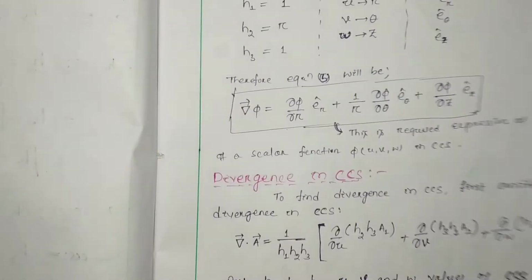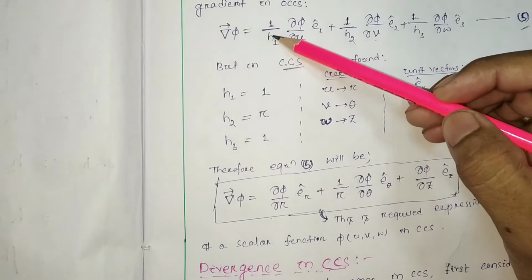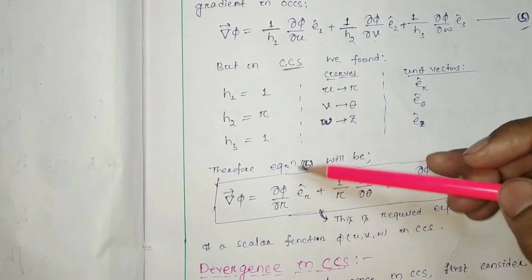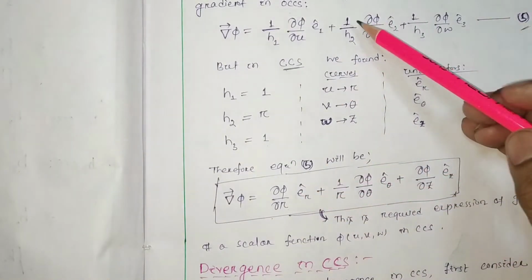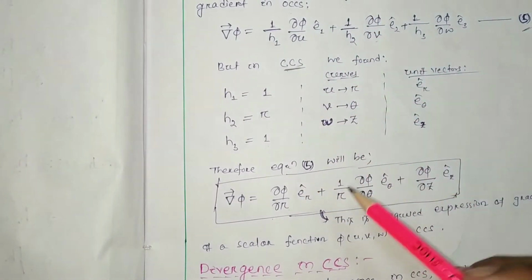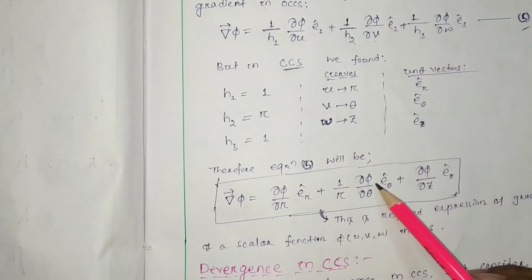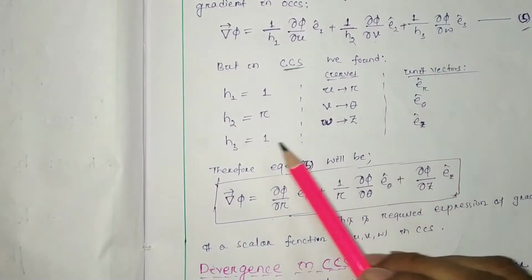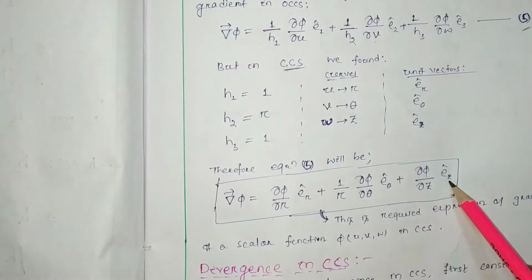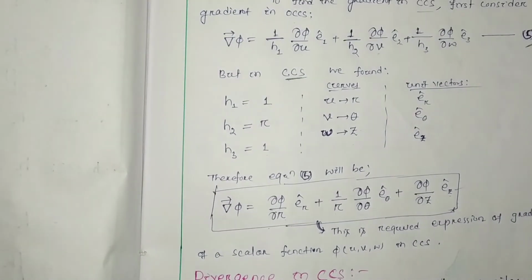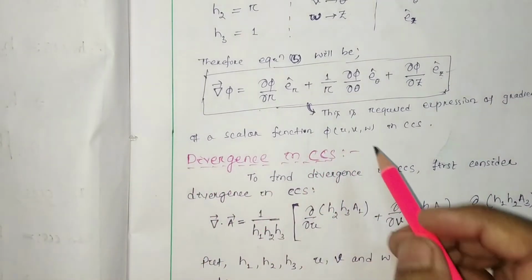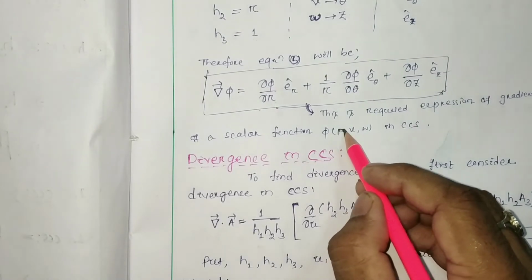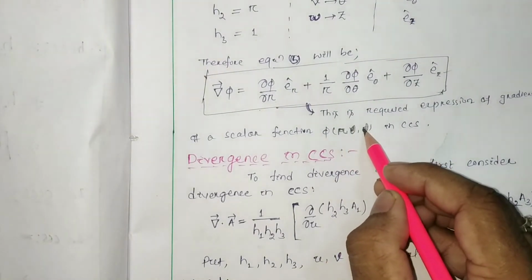Here h1 is 1, u is r, e1 cap is er cap, so del by del r of phi er cap. h2 is r, so 1 by r del by del theta of phi e theta cap, because v is theta, w is z, and h3 is 1, so del phi by del z ez cap. So this is the required expression of the gradient of scalar function phi in CCS. In CCS, u, v, w are r, theta, z. Okay, just correct it: r, theta, z.